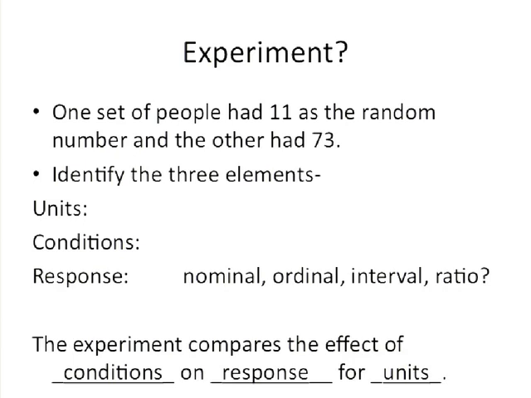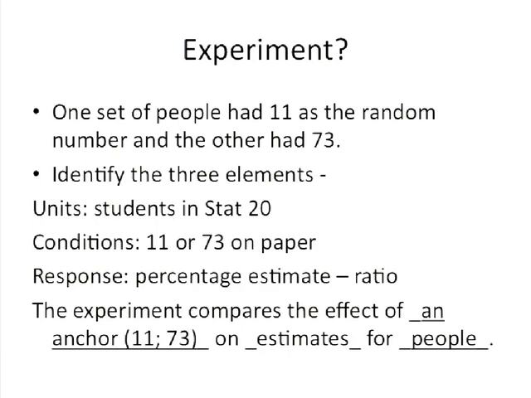Yes, I heard somebody say it. The estimate, or the percentage that you're coming up with. Is that estimate nominal, ordinal, interval, or ratio? Ratio, very good. Wow, I'm impressed. So yes, the experiment compares the effect of an anchor, 11 or 73, on estimates for the students in Stat 20. Terrific.